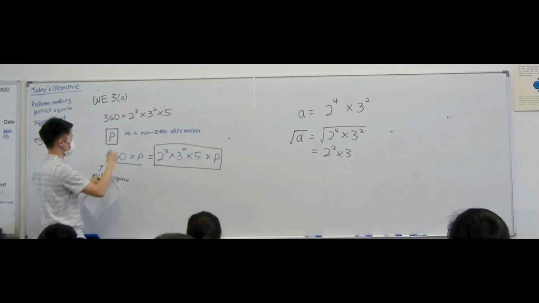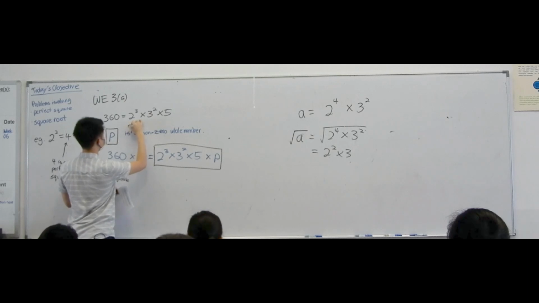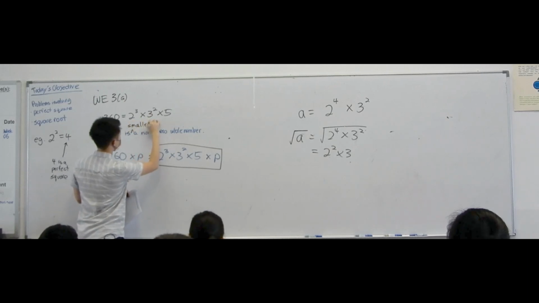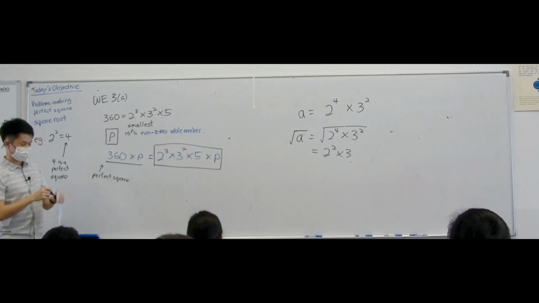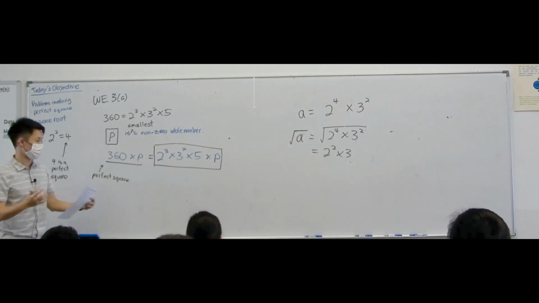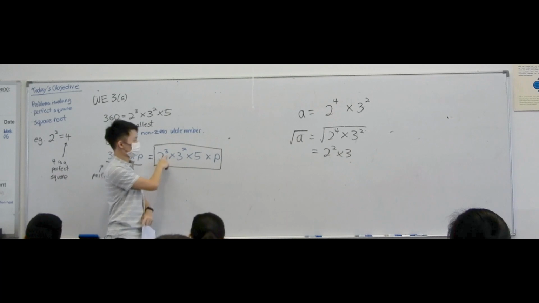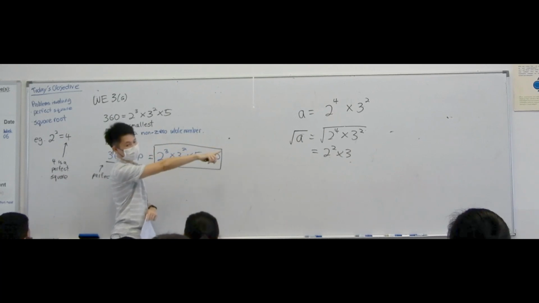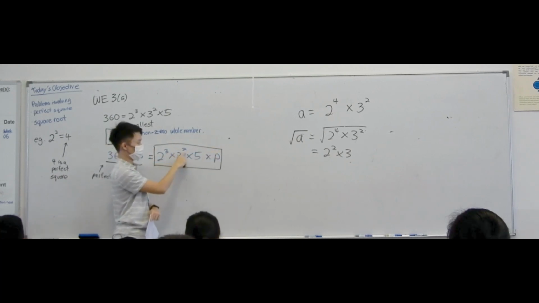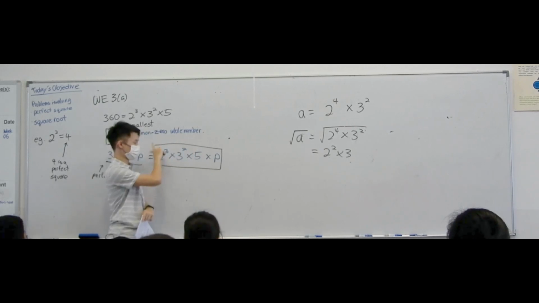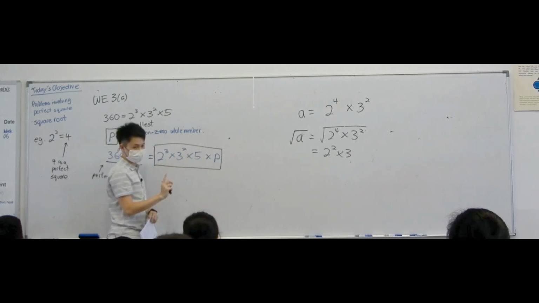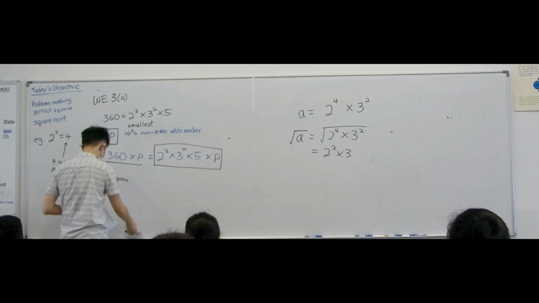And it must be the smallest non-zero whole number. So what is the minimum number that we need to multiply? If I want this to be a perfect square, technically all the powers here should be even numbers. So I'm going to do a bit of trial and error.